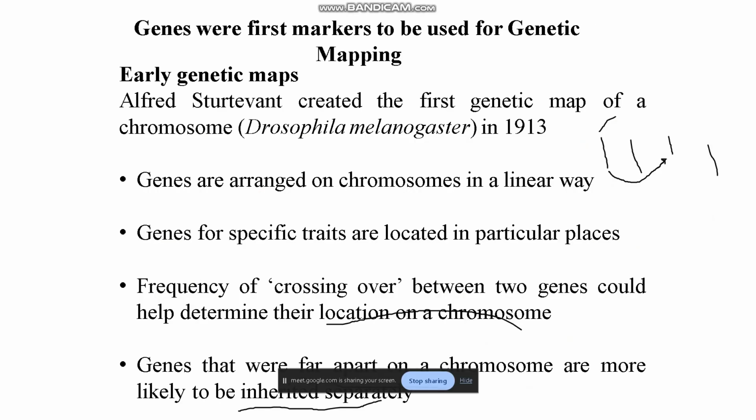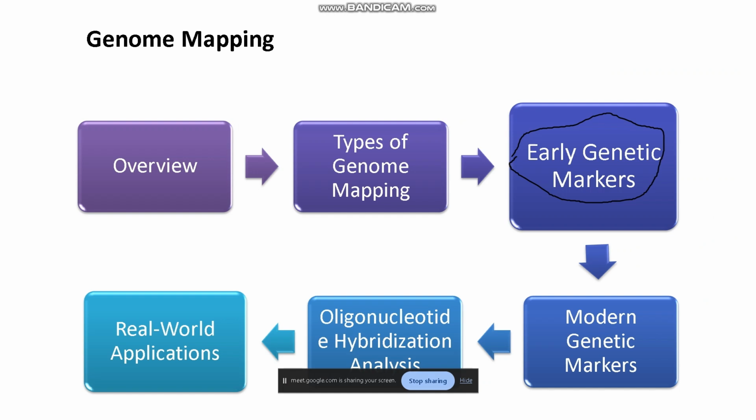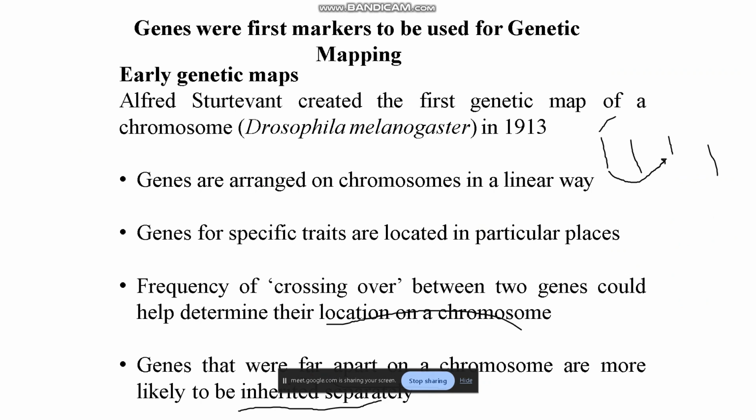I talk about the early genetic markers, in which genes were the first markers to be used for genetic mapping.